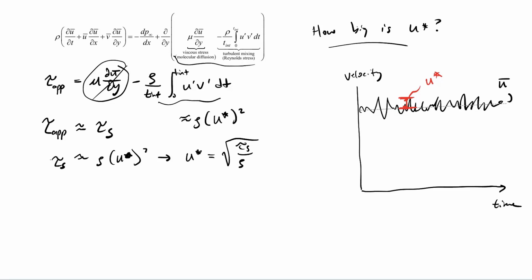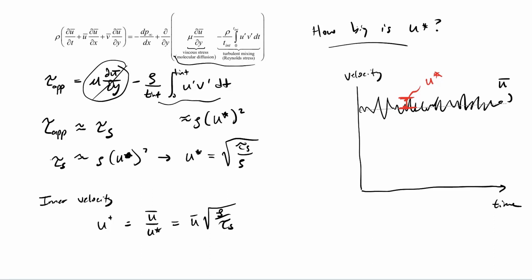Let's write this out instead in terms of our inner velocity. U plus is equal to U bar over U star, which, using what we just derived, is just U bar times the square root of rho over tau s.